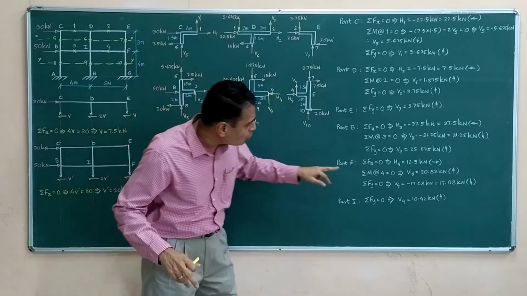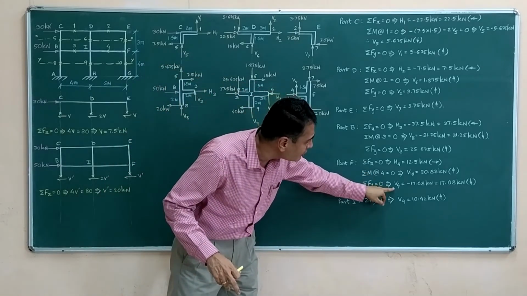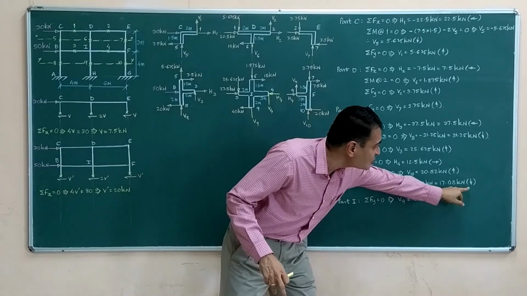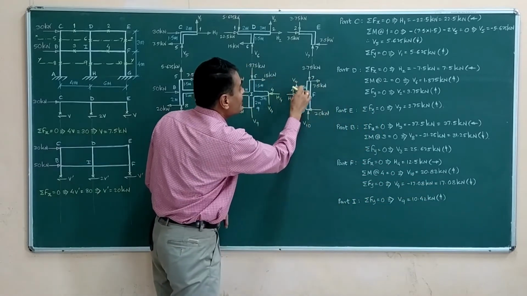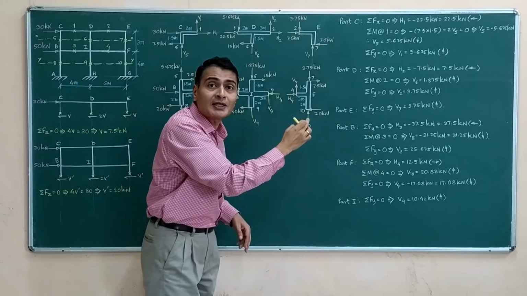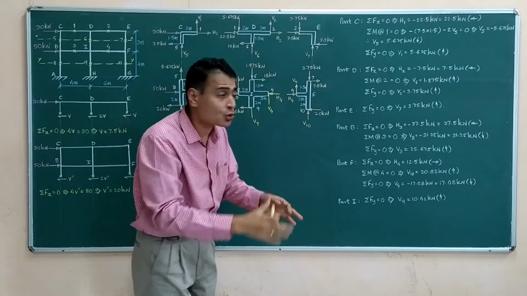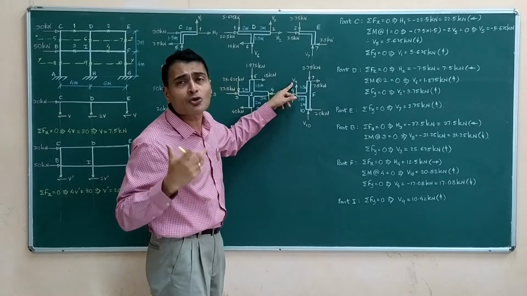Similarly, once you know that your V4 is 17.08 kilonewtons downwards in this FBD, though I have shown it upwards, it was an assumption.